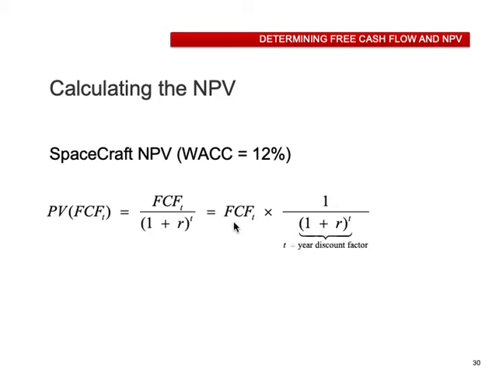If the cash flow in year 2 would be 200, then the cash flow at time t, that is year 2, is 200 times 1 divided by 1 plus 12% to the power 2. So that's how we are going to calculate the present value of all the future cash flows. And remember that in the end, we need to compare the present value of all the cash flows with the present value of the investment. Is the present value of all cash flows larger than the investment?